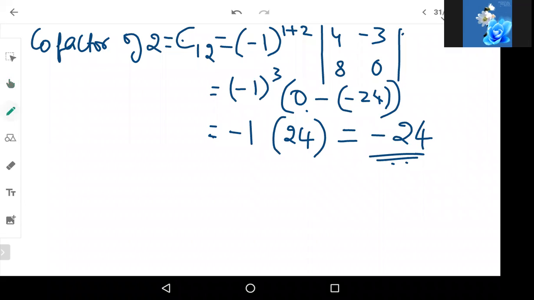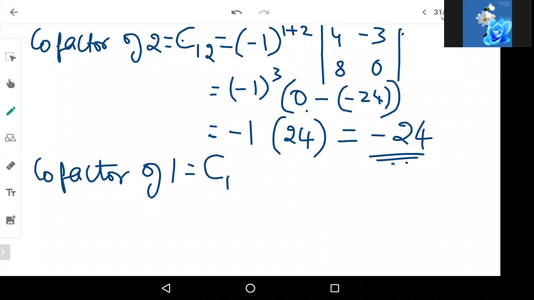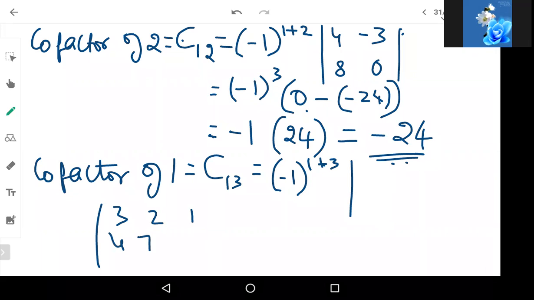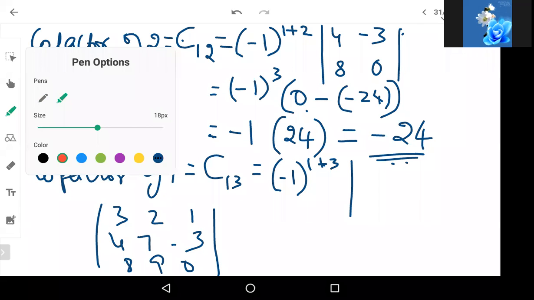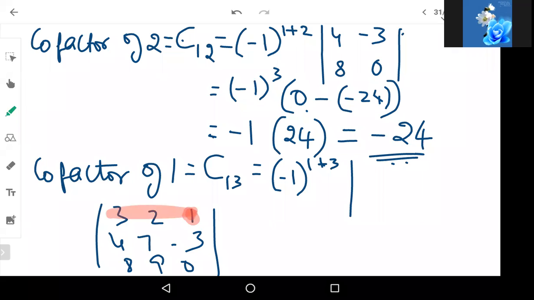Now let us find the next element's cofactor. Cofactor of 1, that is first row, third column, is equal to minus 1 to the power of first row plus third column, into the minor. Again in this determinant 3, 2, 1, 4, 7, -3, 8, 9, 0, I want to find the minor of 1, so I take away the first row and the third column.